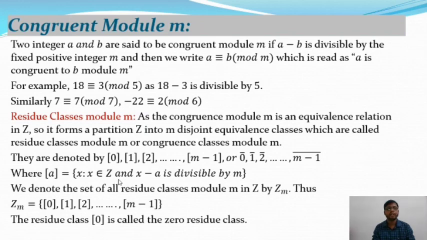This is the definition of the residue classes modulo M. We denote the set of all residue classes modulo M in Z by Zm, and thus Zm has m elements: [0], [1], [2] up to [m minus 1], or 0 bar, 1 bar, 2 bar up to m minus 1 bar. The residue class [0] is called the zero residue class, and is denoted by [0] or 0 bar.